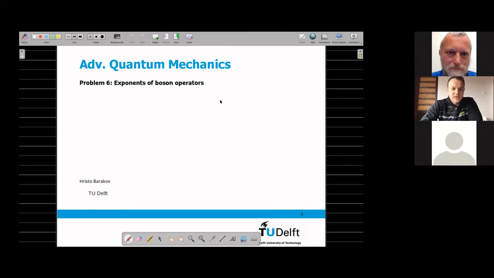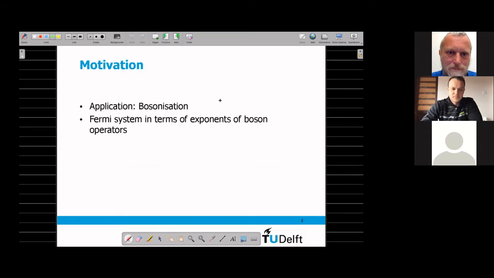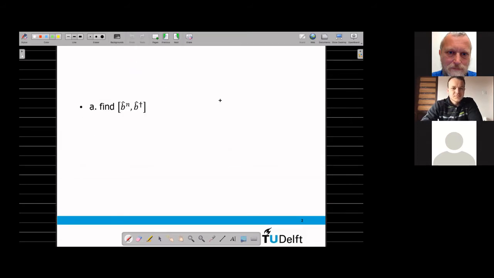Okay, so we're dealing with boson operators. And this is problem 7 from the extra problems. First you are asked to evaluate this commutator: b to the power n and b dagger. Those are bosonic operators.